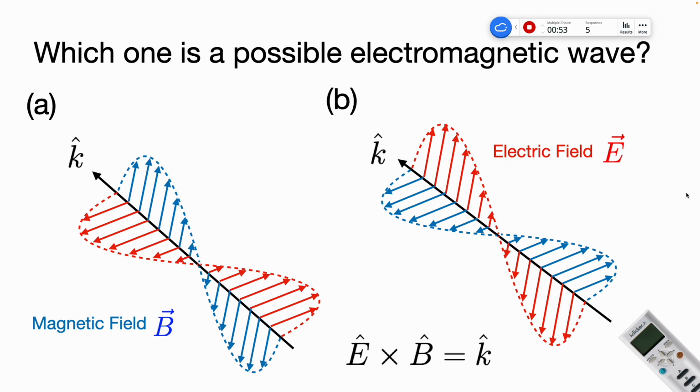If you're holding the electromagnetic field, you better get this answer correct. Just use your right hand rule and see which electromagnetic wave follows it. Only the one that follows the right hand rule can actually show up in our universe.